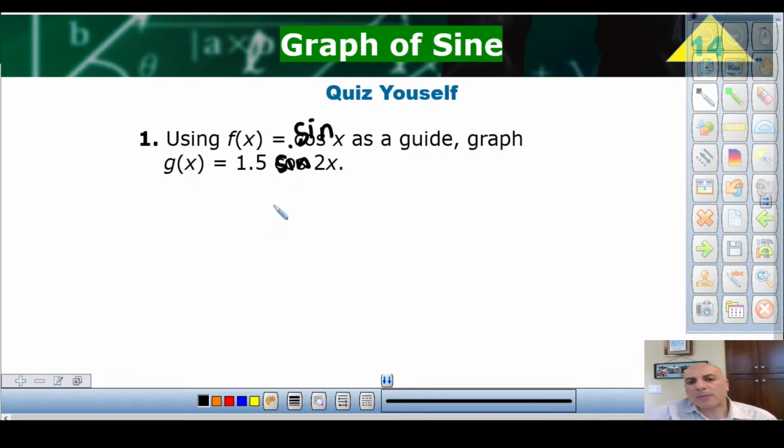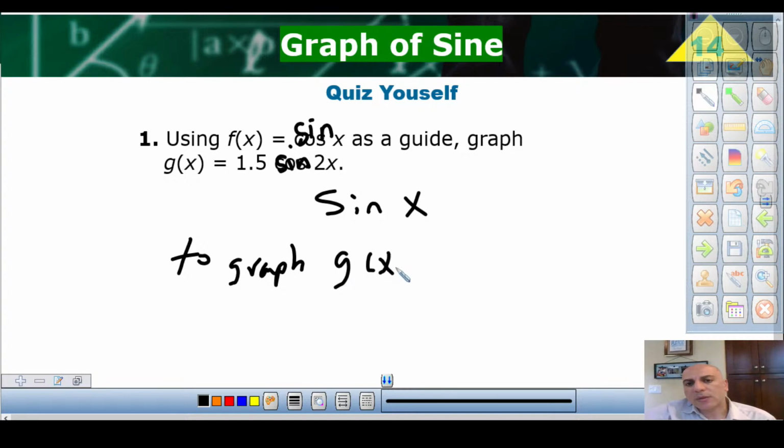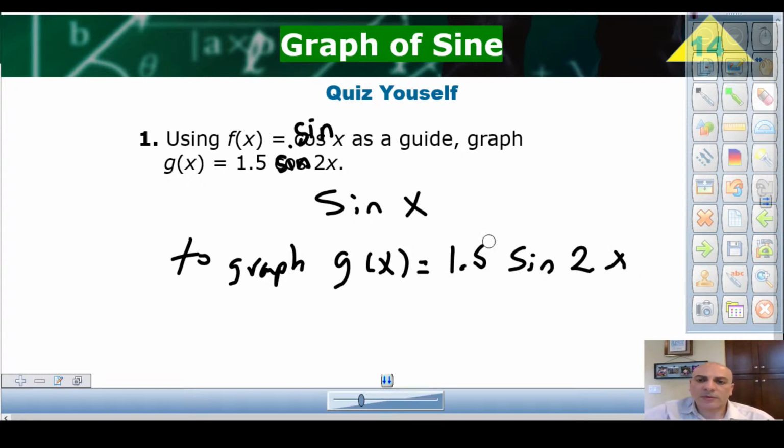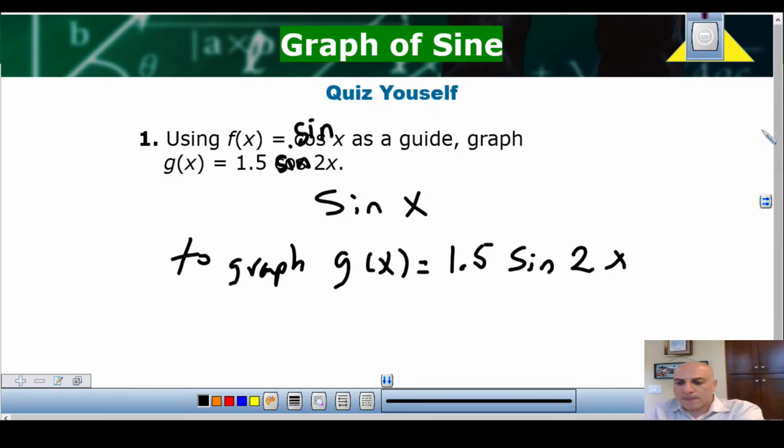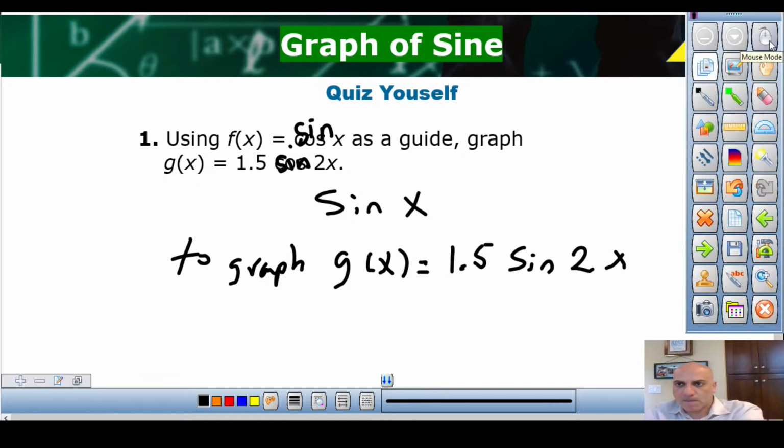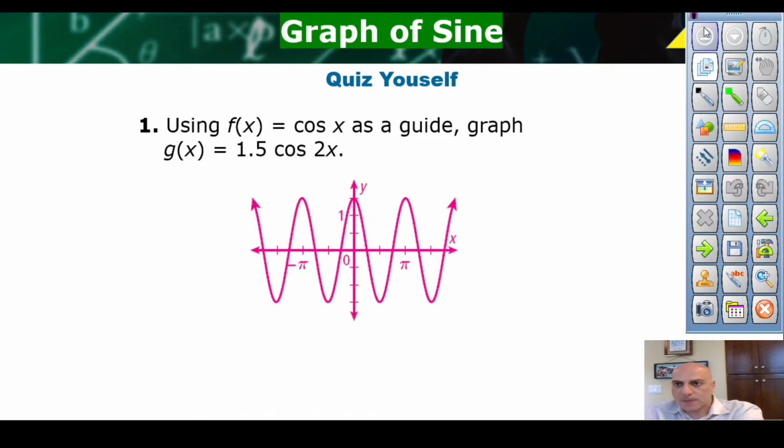So at the top, basically you're using sine x to graph g of x, which is 1.5 sine of 2x. You should end up with something that looks like this.